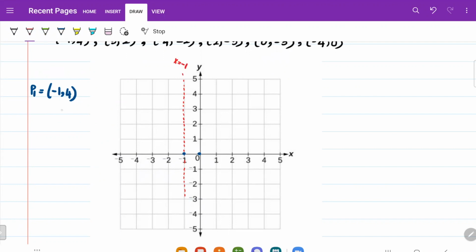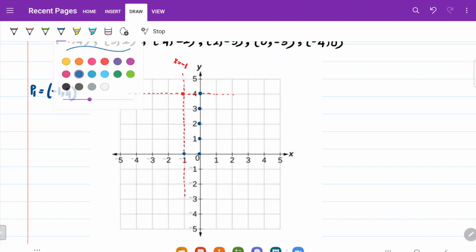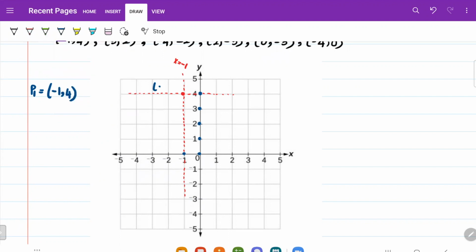Now we want y as 4. So y is 1, y is 2 here, 3 and 4, and you draw a horizontal line here. This intersection here is our first point, which is (-1, 4).